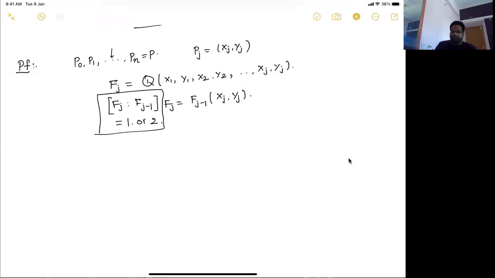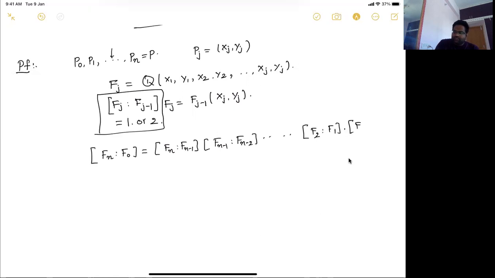That will prove the theorem, because by the Tower law, Fn over F0 is Fn over Fn minus 1 times Fn minus 1 over Fn minus 2, and so on, times F2 over F1 times F1 over F0.